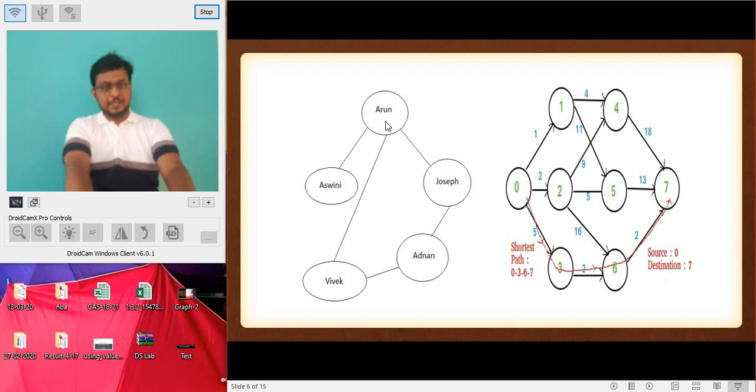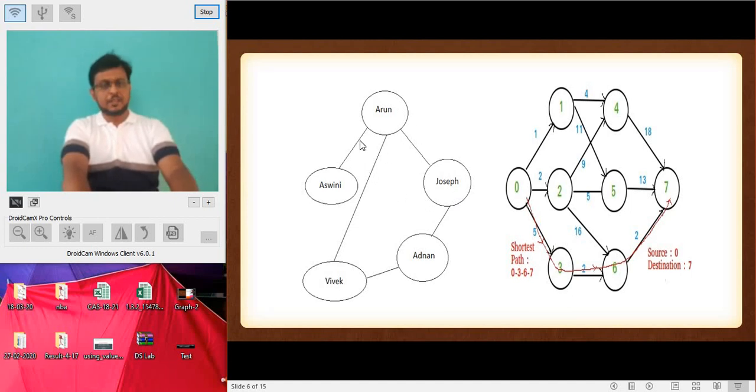You see here, Arun is friends with Ashwini, then Vivek and Joseph. In the same way, Vivek is friends with Arun, then Adnan. Then Joseph and Adnan are friends.